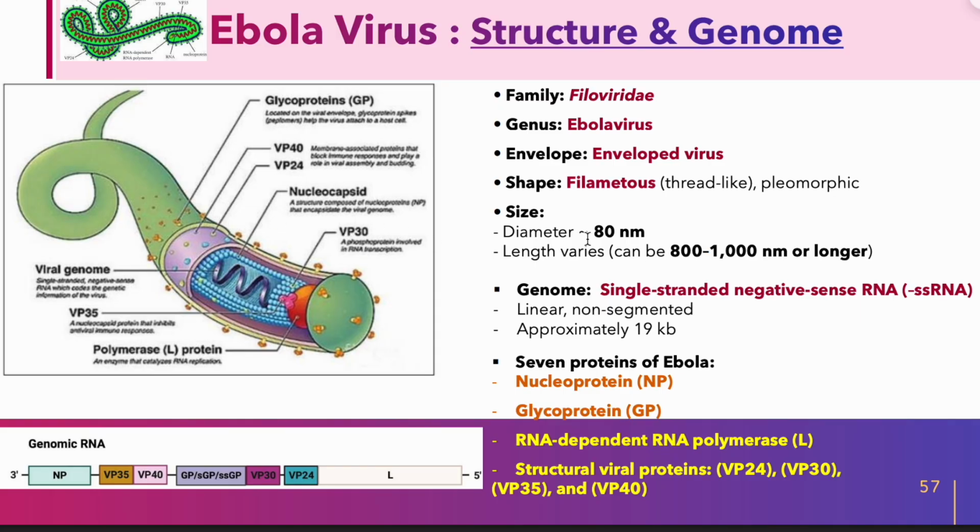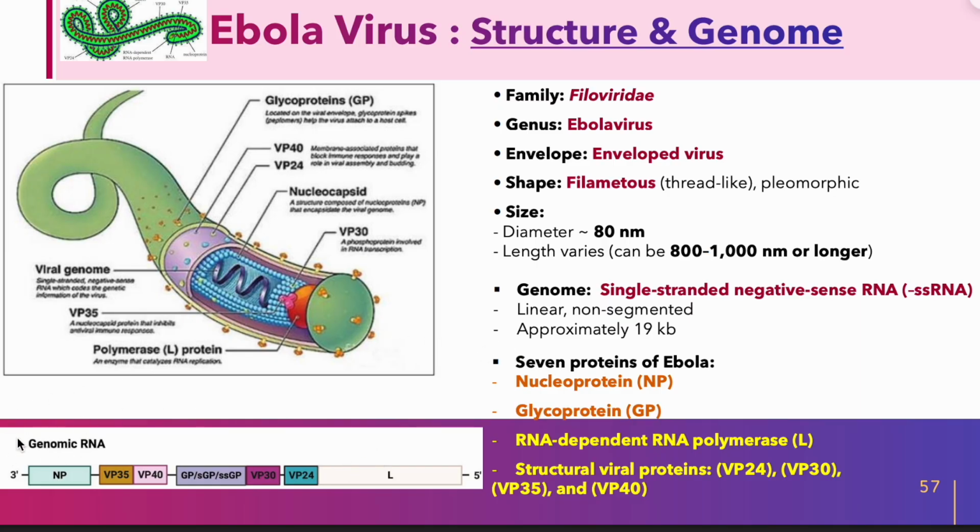Size is about 80 nanometers, and length varies, can be 800 to 2000 nanometers or longer. For the genome, it is a single-stranded negative sense RNA, linear and non-segmented, approximately 19 kilobases, and has 7 proteins.